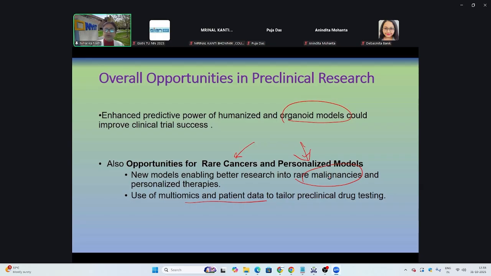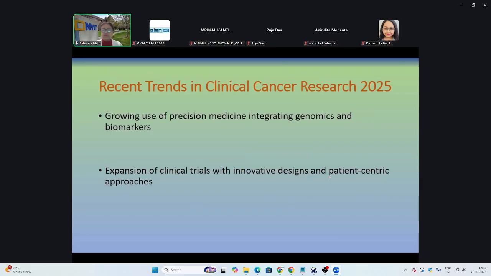So you need AI models there. So recent trends is, like I said, the growing use of precision medicine. You put all that information of biomarkers, you put everything, get huge data sets, and you try to train your data sets to see if they can predict.